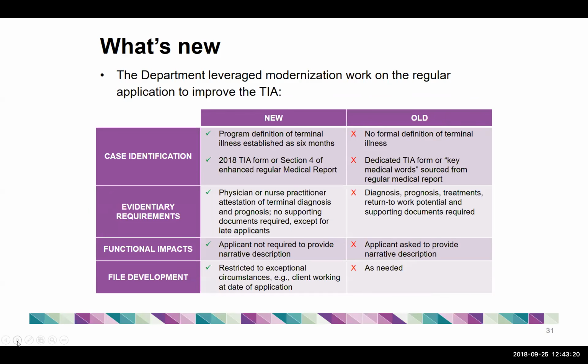We have 2 means of identifying these cases. The first is the dedicated condensed terminal illness application, which we'll be discussing in a moment. And if for whatever reason that form is not used, we can use section 4 of the main medical report as an off-ramp so that you can bypass section 5 and large chunks of that form.